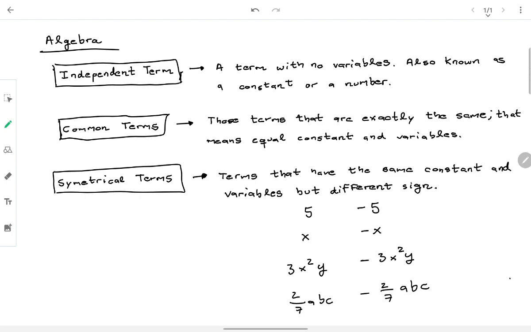Those will be symmetrical terms. That means they are exactly the same but with different sign. So these are some specific definitions that will help you a lot in the next classes. So please have them in your notebook because they will help you a lot for the next topics.